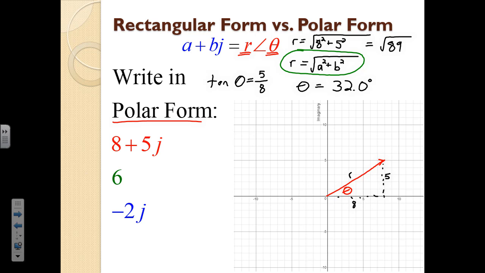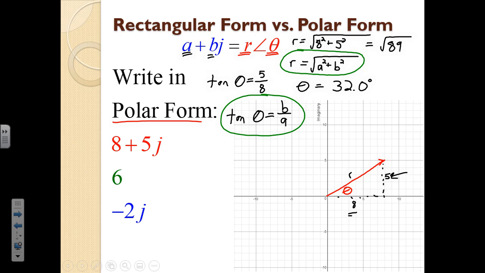Now again, to generalize that though, we could say that in general the tangent of the direction is equal to our imaginary component, which in this case was 5, but in general is your b value, divided by your real component, which for us was 8, but in general would be your a value. And so the tangent of our direction will be b over a. Let's keep that generalization in mind.